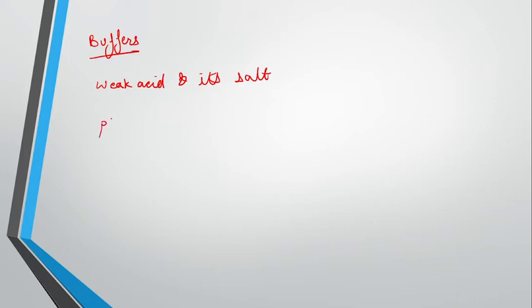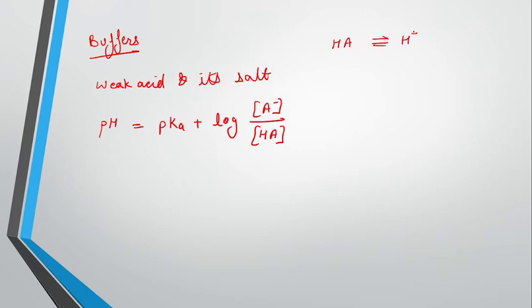Okay, so now there is an equation: pH is equal to pKa plus log A minus divided by HA. So consider an acid which will dissociate into H plus plus A minus. Okay, so in that case pH is equal to pKa plus log concentration of A minus divided by HA concentration.